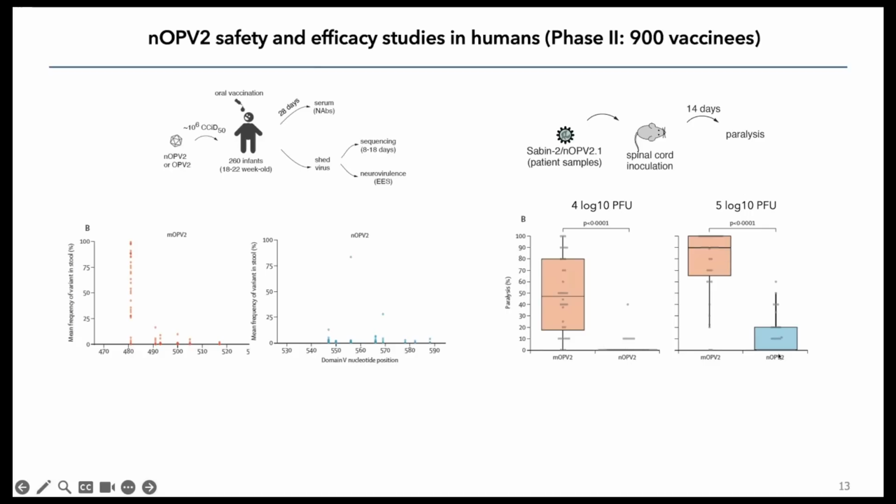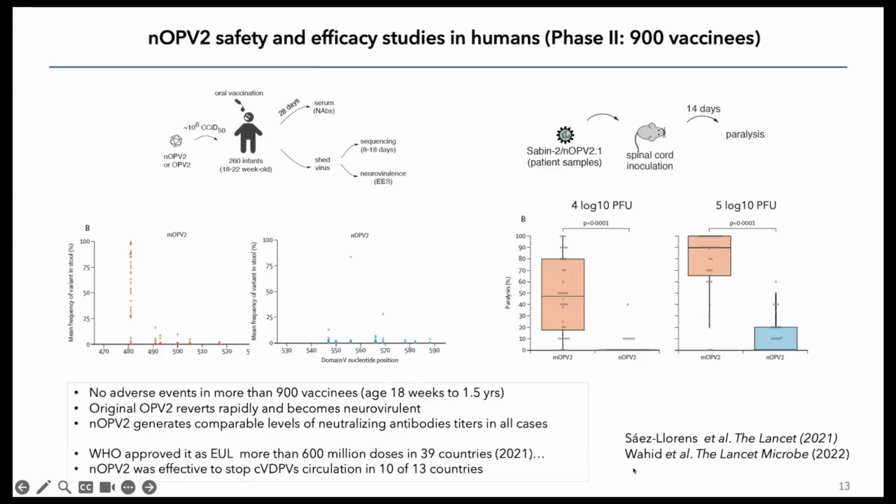If you increase the doses, you start to see some animals paralyzed with nOPV2 as well, but there's still a very significant difference. And so based on this, there was clearly evidence that the vaccine was stable, but also immunogenic, and it was also clear that the vaccine could be an improvement compared to the Sabin.